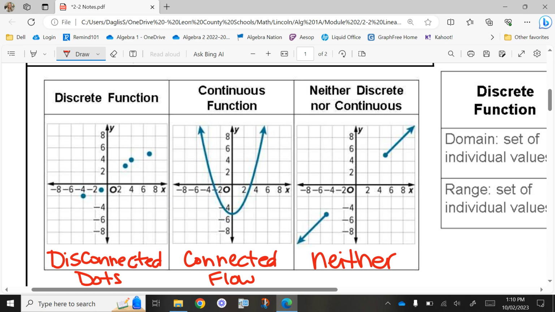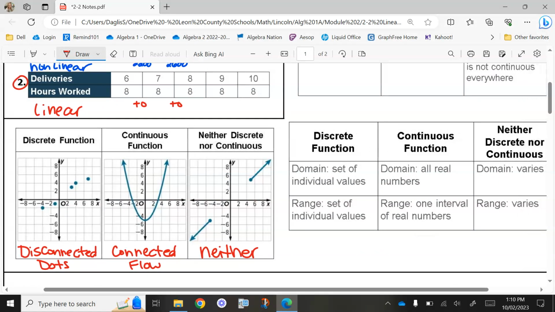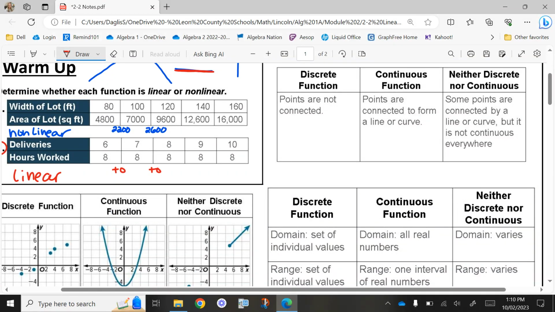In words, which is kind of what we just talked about, discrete are points that are not connected. So down there, this was our disconnected dots. That was the same thing we just labeled. Continuous functions are points that are connected to form a line or a curve.